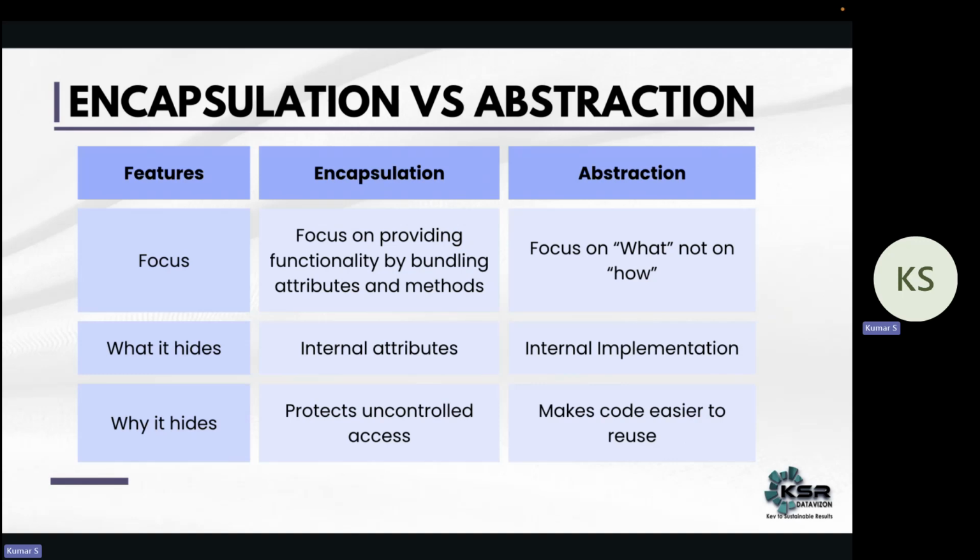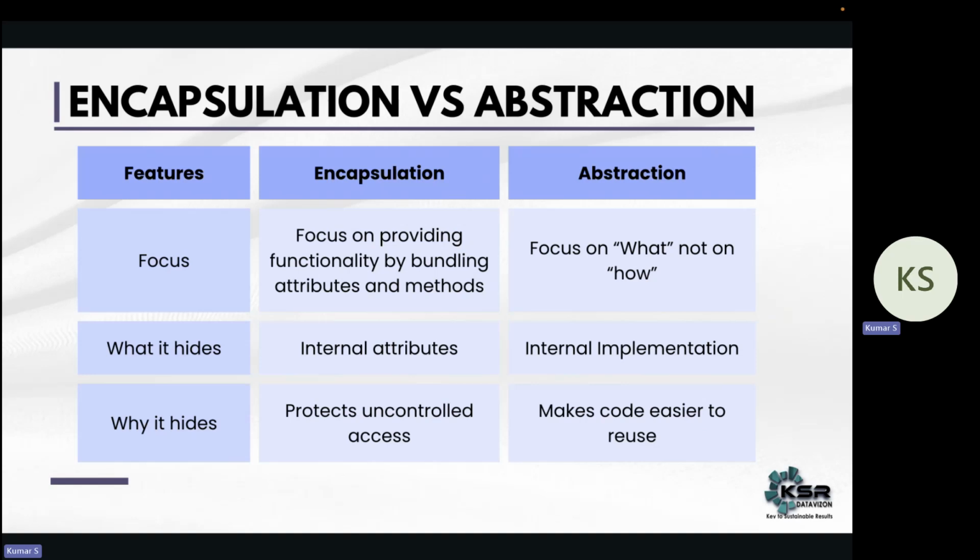So this is the main difference between encapsulation and abstraction. Abstraction gives us information of what is being done and removes how it is being done. Encapsulation hides some things to protect against uncontrolled access. So you can think they are very different, but both do some hiding.